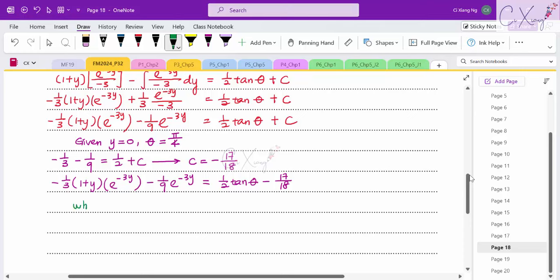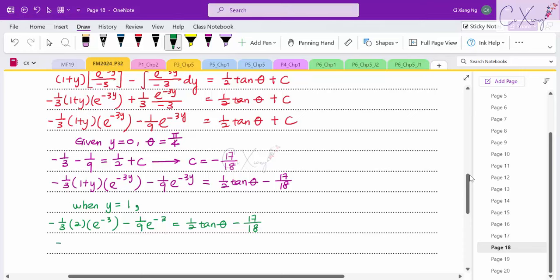So when y is equals to 1, what will happen to my tangent theta? Okay, so again, substitute all the value inside. So I'm having a 2, then e power negative 3. This one also e power negative 3. Okay, then try to simplify the term here.